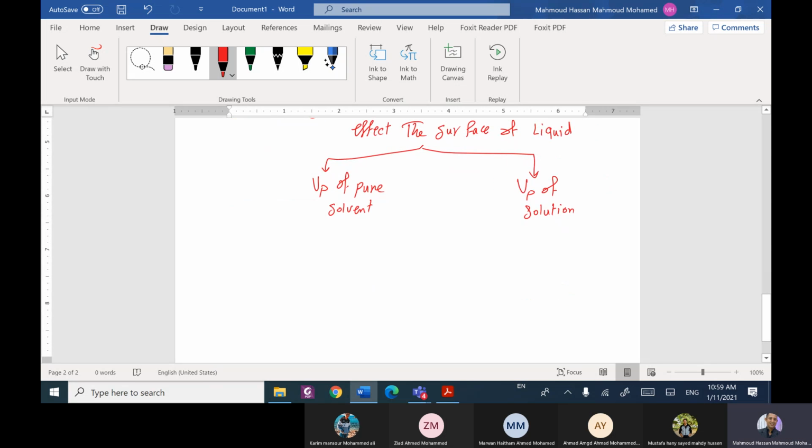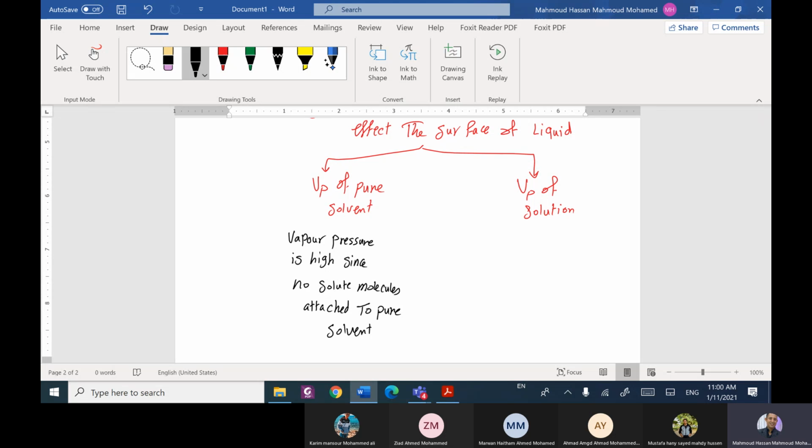In case of the pure solvent, we'll find the vapor pressure is high, since no solute molecule is attached to the pure solvent.